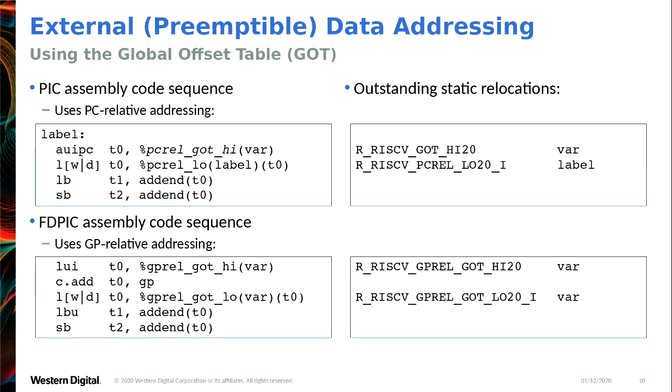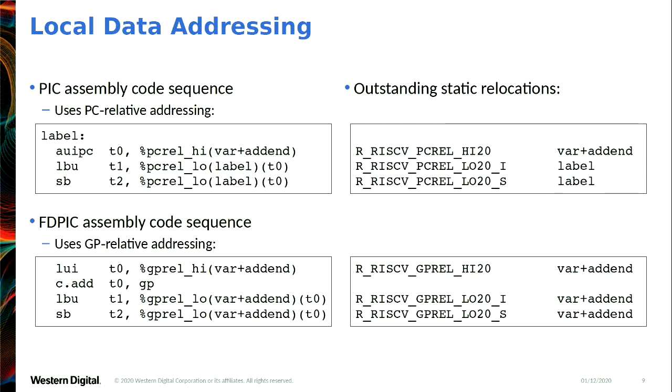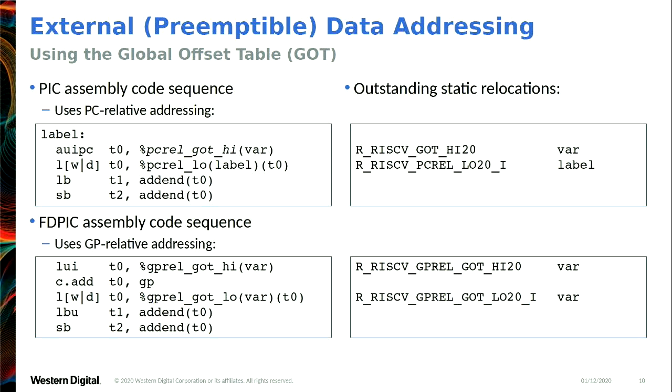Yeah, so that was for local symbols, for local data. For external or preemptible data, let me just explain this shortly for those who are not familiar with that.